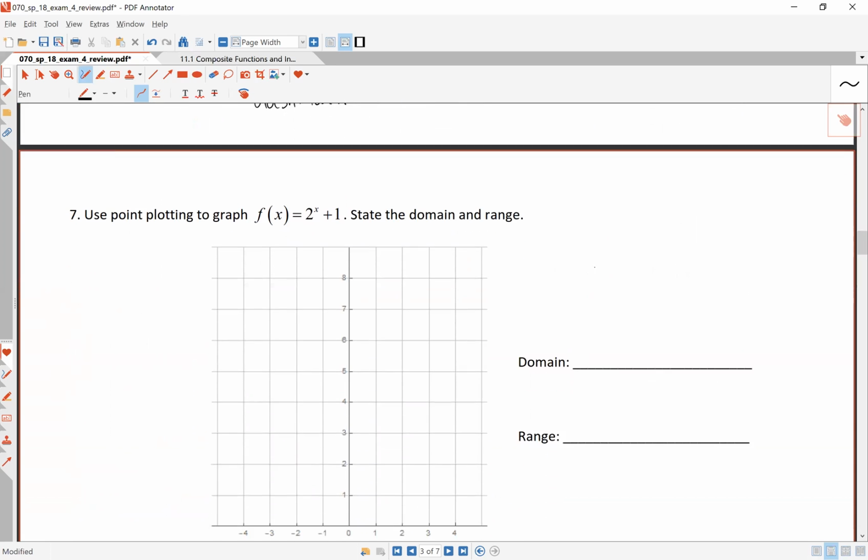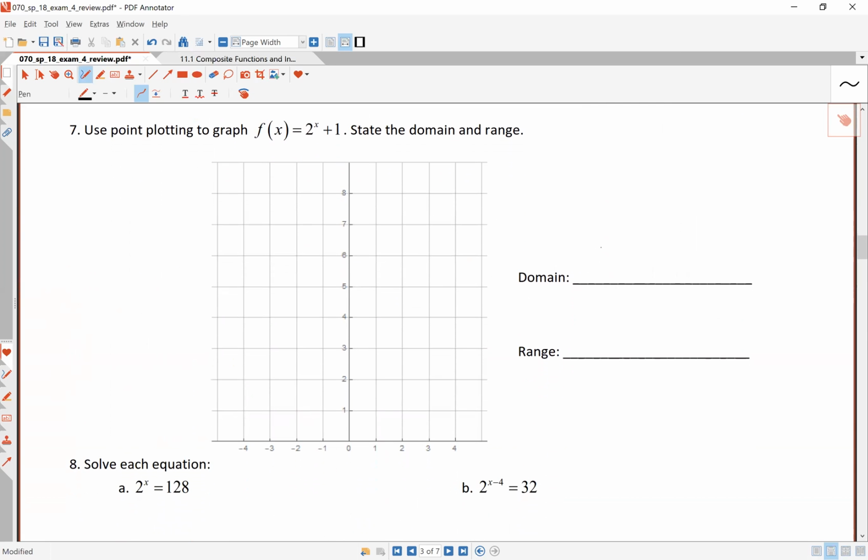If we graph 2 to the x plus 1, we do the same sort of thing. I like to find that x value that gives me 1 for my exponential portion, and so that's 2 to the 0, and the plus 1 is on the outside, so that's 1 plus 1, which is 2.